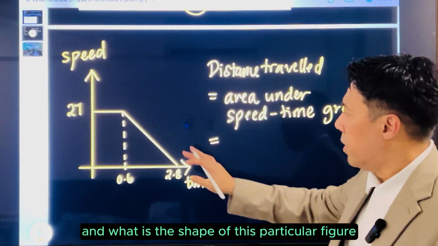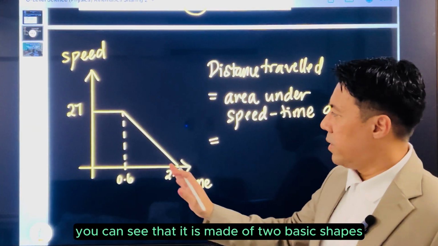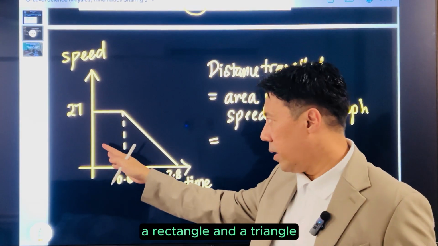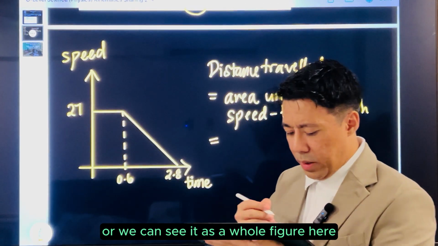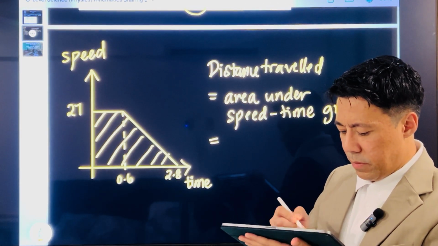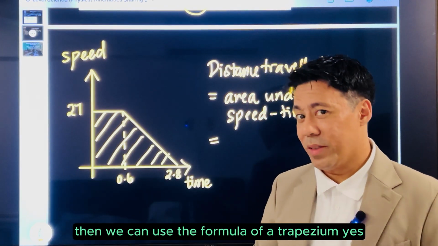And what is the shape of this particular figure? So you can see that it is made of two basic shapes, rectangle and a triangle. Or we can see it as a whole figure here, which is a trapezium. So if you know that the shape is a trapezium, then we can use the formula of a trapezium. Yes?